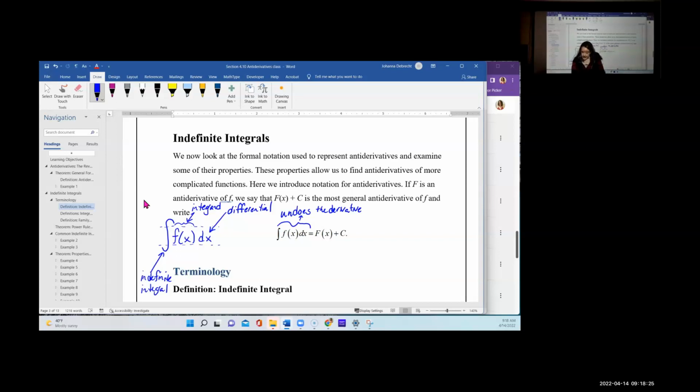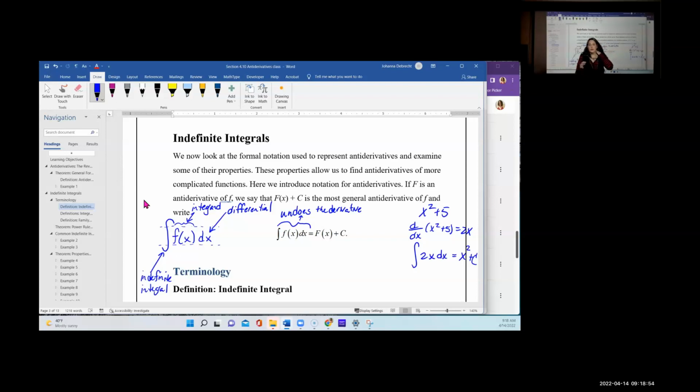So imagine, for example, that you had x squared plus 5, and you took the derivative of it. So you got 2x, and then you want to undo the derivative of 2x with respect to x. You're going to get back the x squared, but there's no way for you to know that the original constant was 5. For all you know, it could have been 2 or square root of 10 or some other value.